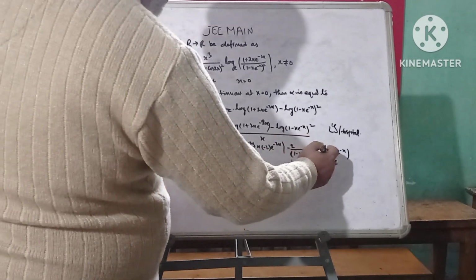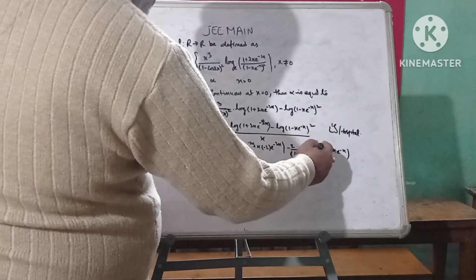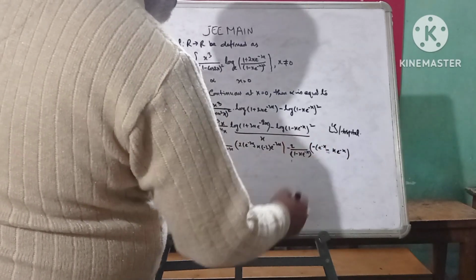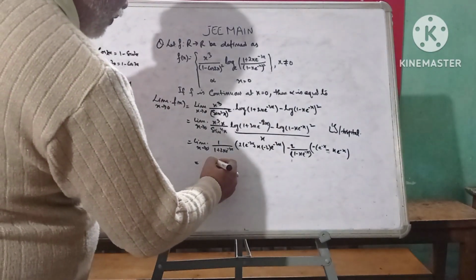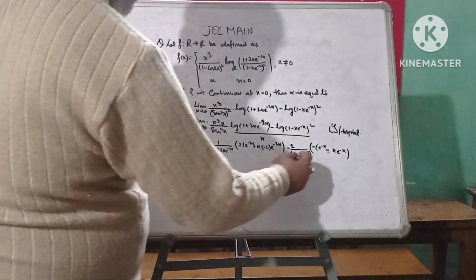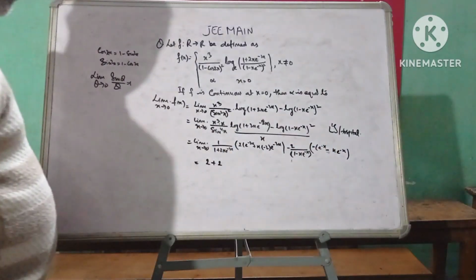Taking minus common, minus and minus will be plus, so this will be plus 2, here this is 1, this is 0, so the answer will be 2.